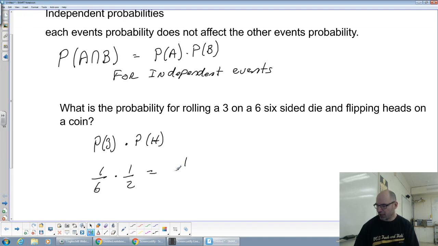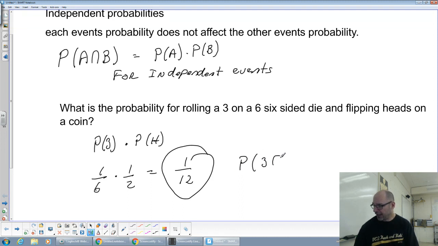So it would be 1 out of 12. That's your probability of getting a 3 and heads. That's pretty easy to do for those types of events.